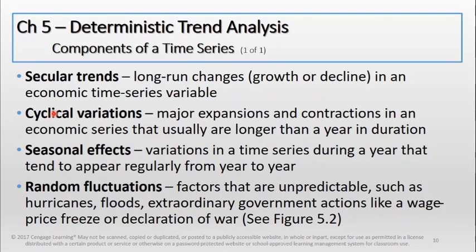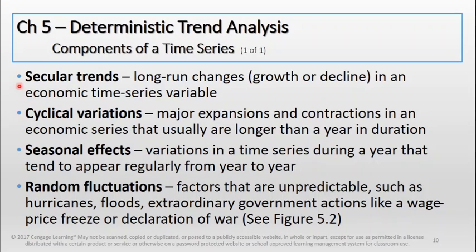So what are the components of a time series? So in the analysis of time series data, time in years, months, or weeks is presented on the horizontal axis, and the values on the dependent variable are on the vertical axis. So the time series is composed of 4 components.